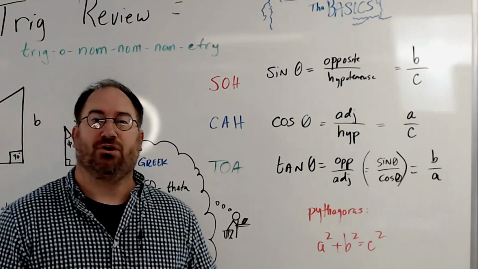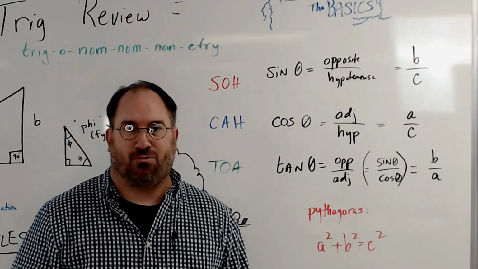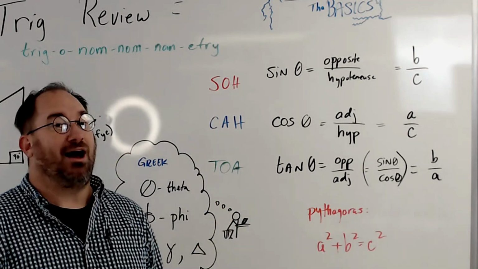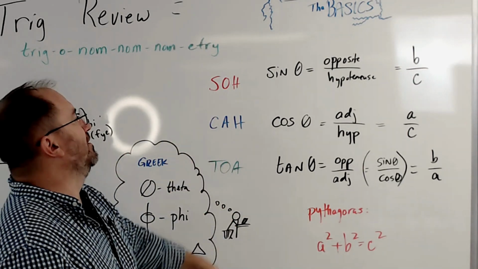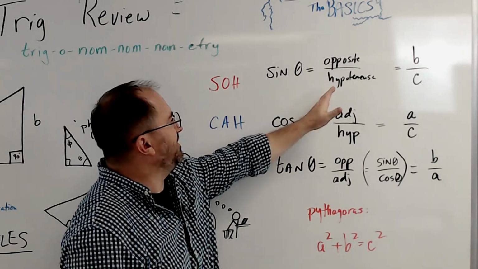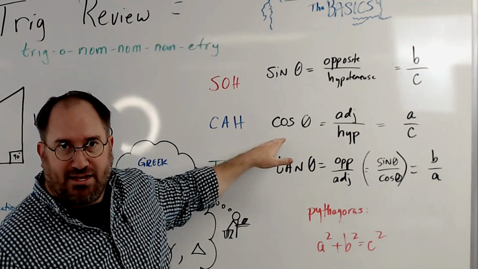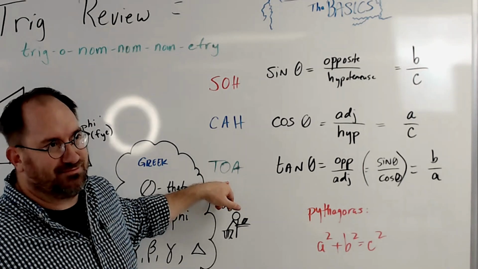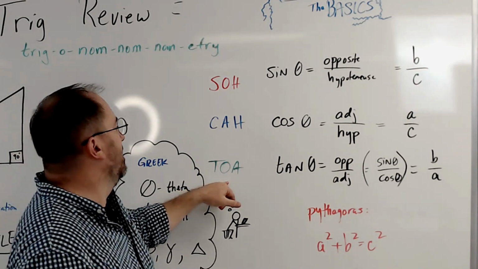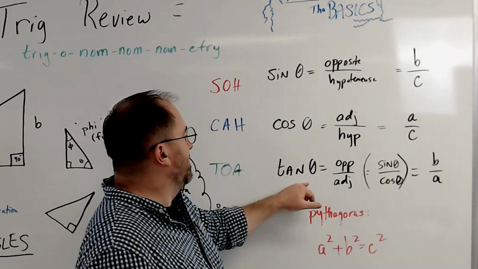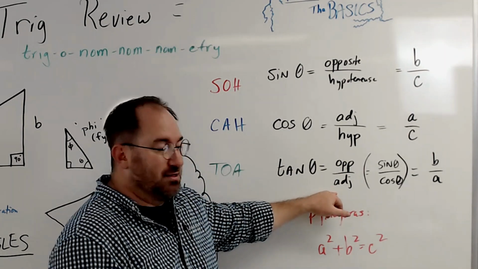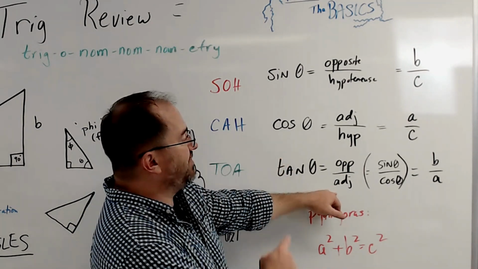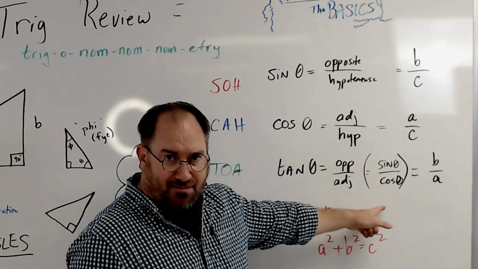Well, I do recall way back when, move the cobwebs out of the way, SOHCAHTOA. Aha, SOHCAHTOA. Sine is opposite over hypotenuse. Cosine is adjacent over hypotenuse. TOA, that's a memorable word on its own, right? Tangent is opposite over adjacent, which, if you look at the math on here, is just the sine divided by the cosine.